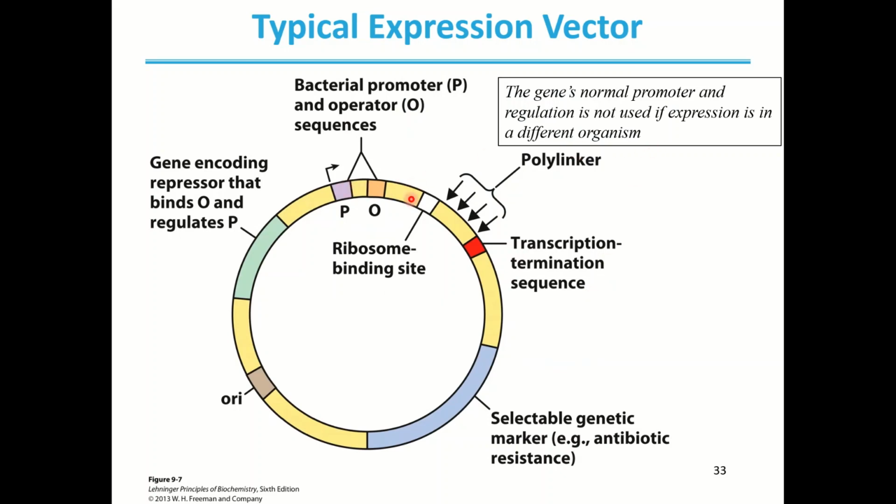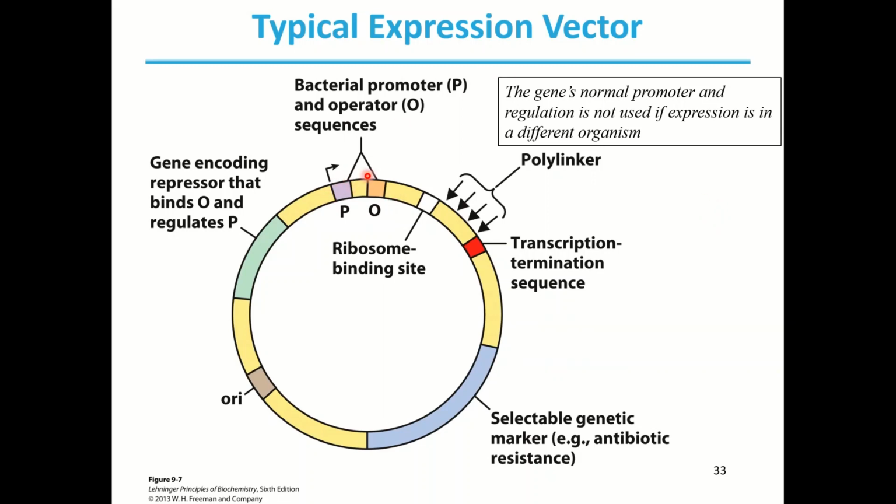Okay, and this is, again, a picture we've seen. The gene's normal promoter and regulation is not used if this is being expressed in a different organism, something like a bacteria.